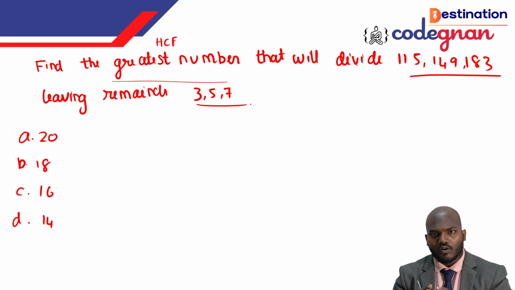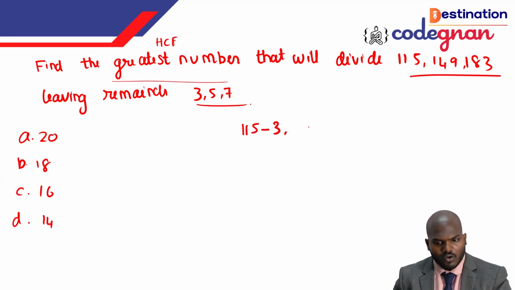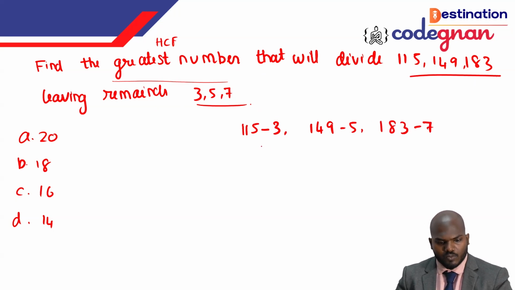If you subtract the remainders, 115 minus 3, 149 minus 5, and 183 minus 7, it will give you the values, like 112.